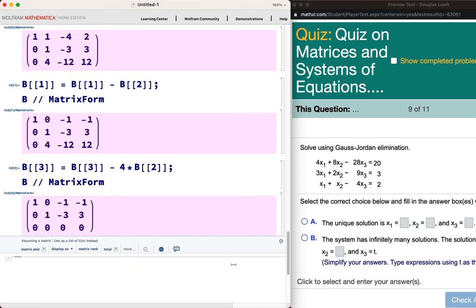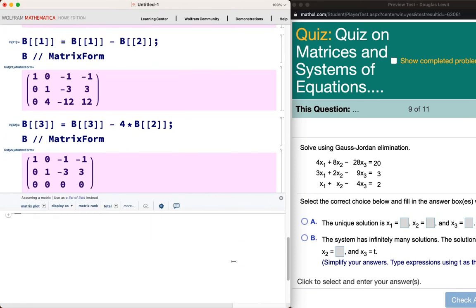All right? So then what we have is really going to be x3 is equal to some parameter t, right? And then look at the first equation. x1 is going to be equal to -1 plus t.